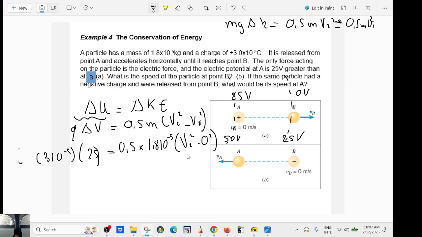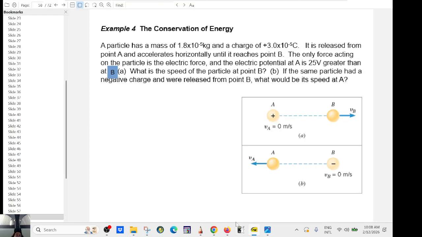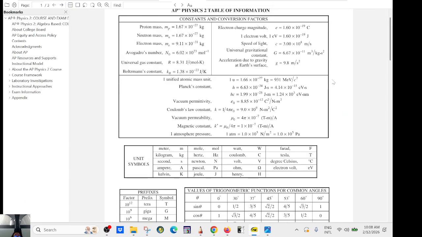Where did you get the 0.5 times the mass from in the change of kinetic energy? Kinetic energy is 1/2 the mass times the speed square. The mass is in kilogram, the speed is in meter per second, kinetic energy is in joule. It's the equation for kinetic energy. It's from physics 1.